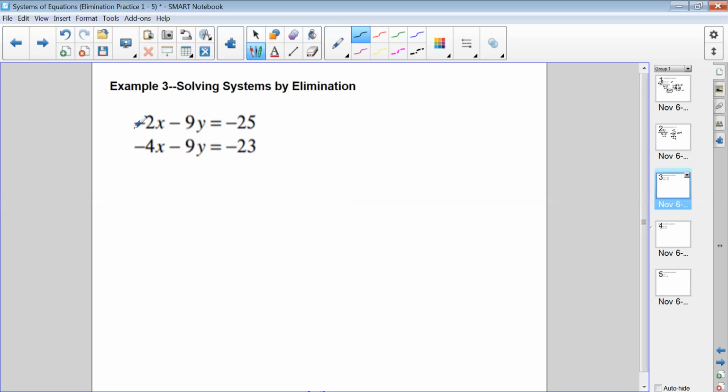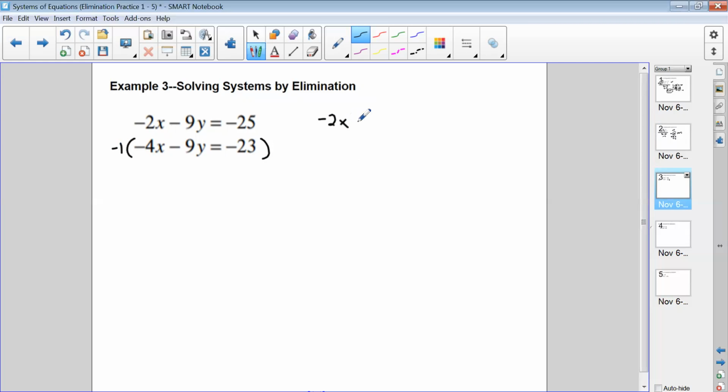Number 3, you're looking at your system, and you see that the signs are the same, but the coefficients are the same as well. So that spells out subtraction. If you're struggling with subtracting a negative, you can always make this become a positive, but it would involve multiplying everything by -1.